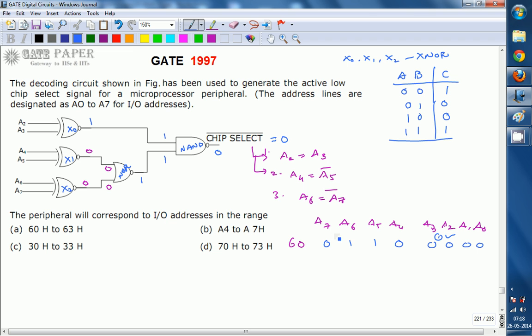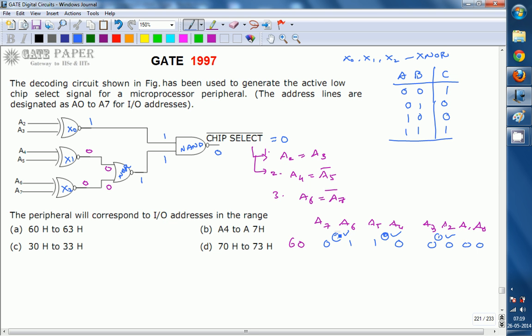The second condition, A4 and A5 being complements of each other, is also satisfied, since A4 is 0 and A5 is 1. Third, A6 must equal A7 bar, so A6 and A7 are complements, and that is also satisfied.